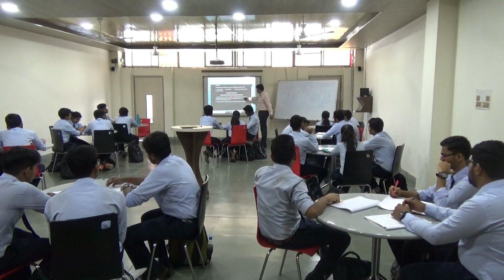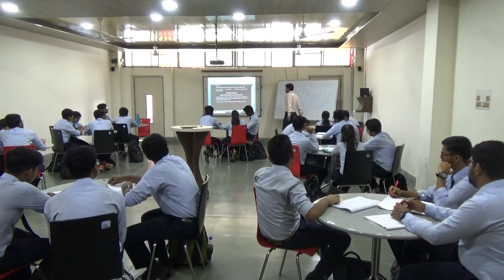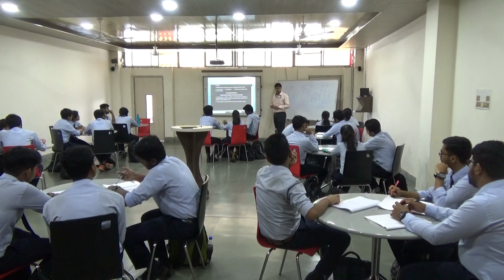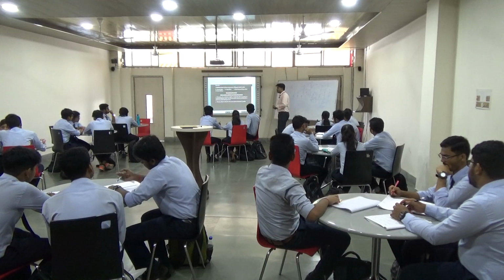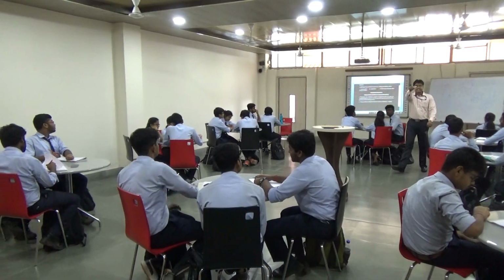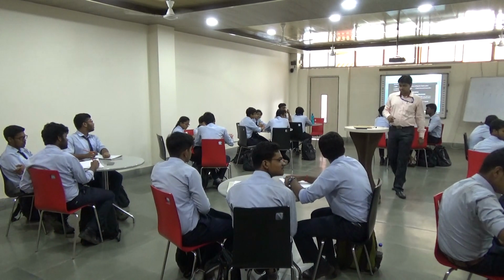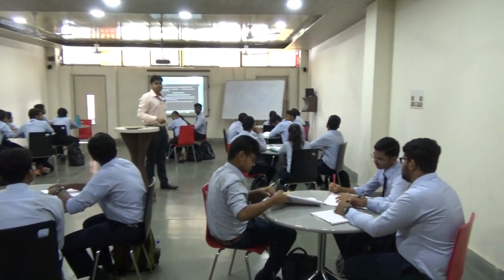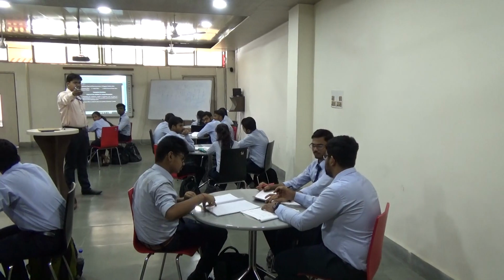Give the 4 possible quantum numbers for the 5 electrons of the hydrogen atom. Anybody of you from that table? Come, quick.